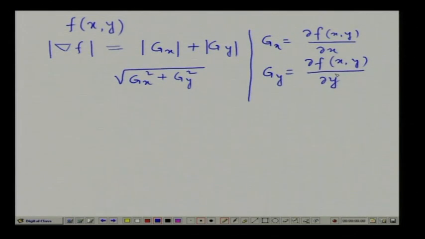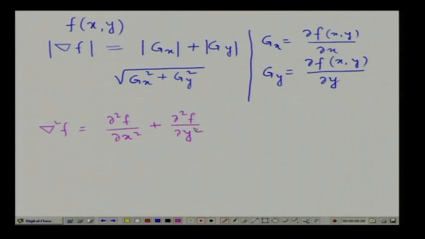So, g x is del f x y del x and g y is del f x y del y. And similarly, the Laplacian of this image, that is del square f, is given by del 2 f by del x 2 plus del 2 f by del y 2.